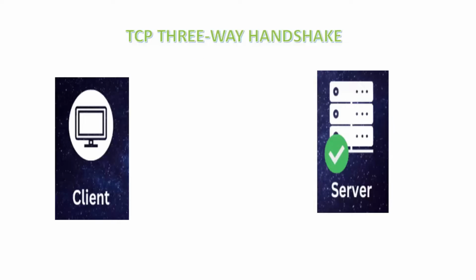For a client to talk to the server, it first needs to initiate a request. Without the client initiating the request, we cannot talk to the server. So first, the client sends a SYN message to the server saying, hey, I want to talk to you. I need some data which is on the server, and we need to talk.